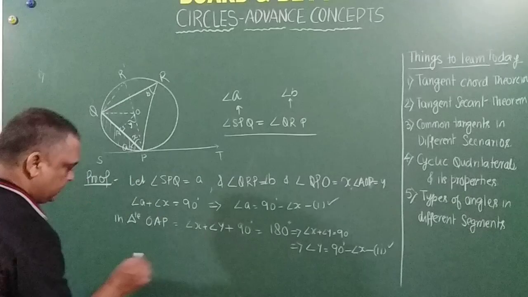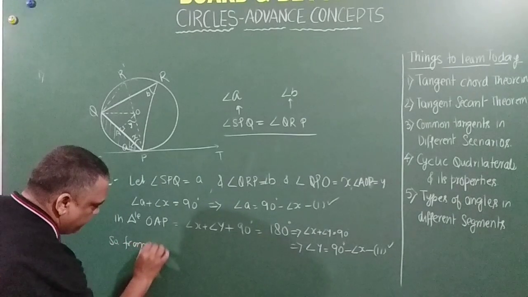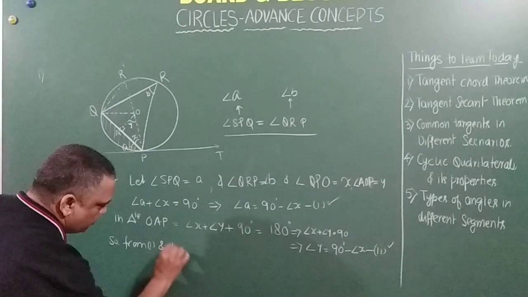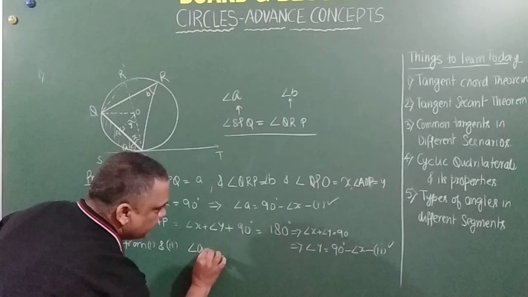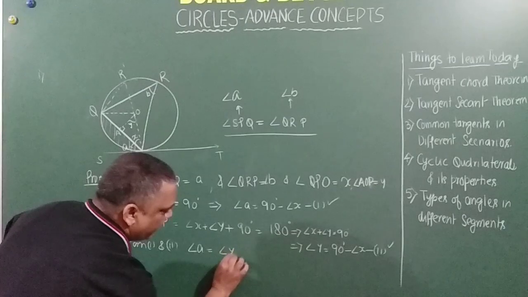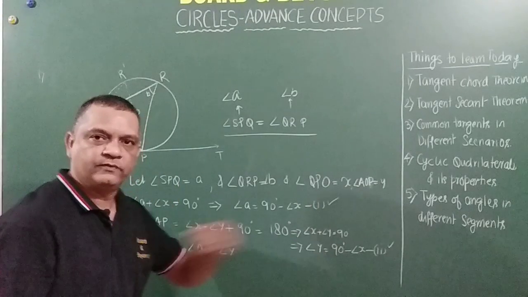Correct? So from 1 and 2, what happens? Angle A is equal to angle Y. This is what we get, equating the two, right?